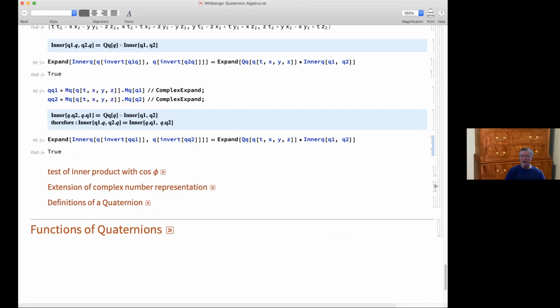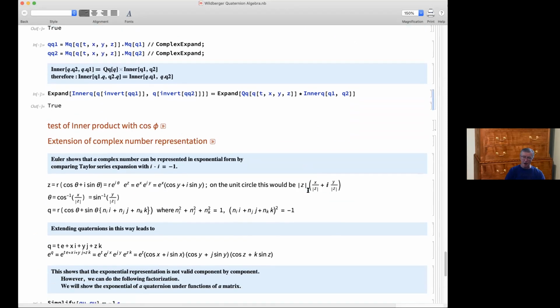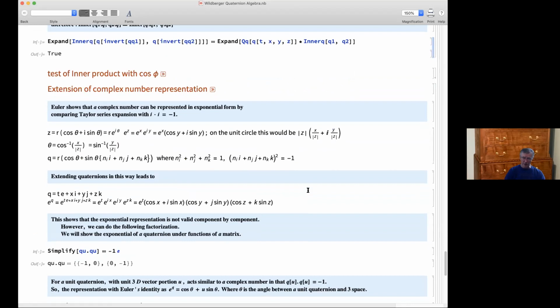So then finally, we can look at the extension of quaternions in a complex form. A lot of people like to rely on Euler's formula for a complex number, but you have to be careful. So Euler's formula, just to remind everybody, says take a complex number and it can be represented as the absolute value times e to the i theta for a normal complex number.